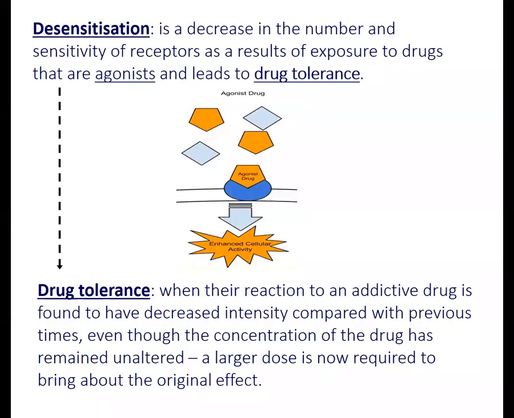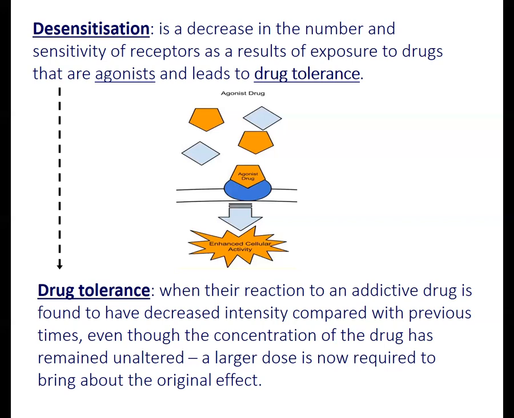With desensitization, this is what happens with a drug that's an agonist. So not antagonist, an agonist. Because you've got more of this cell activity, more opportunity to reach threshold, again, the nervous system adapts and it changes. And this time it reduces the number of receptors, and the sensitivity of the receptors reduces as well.